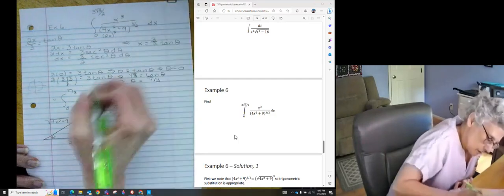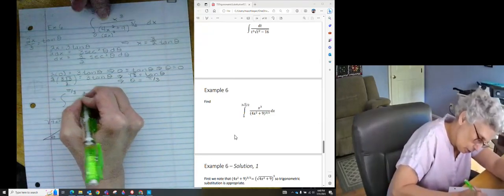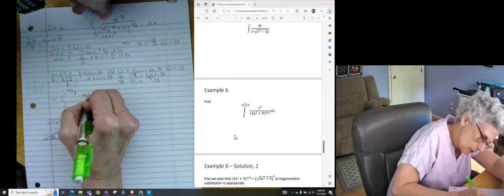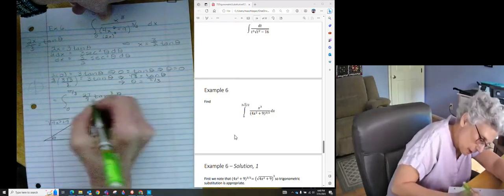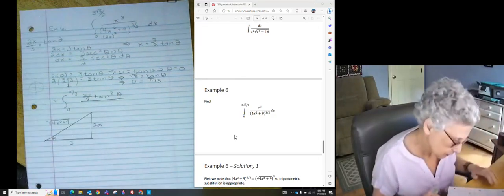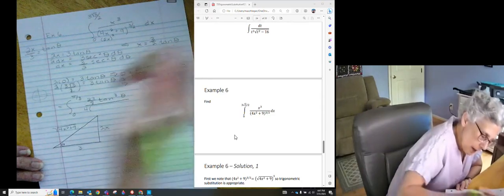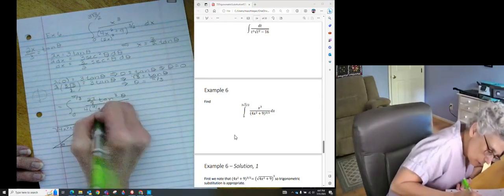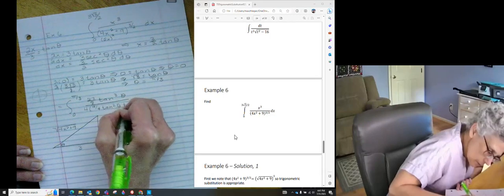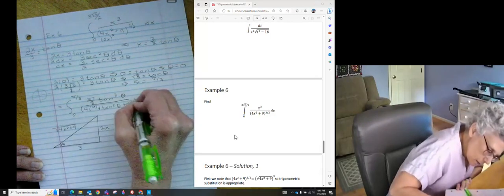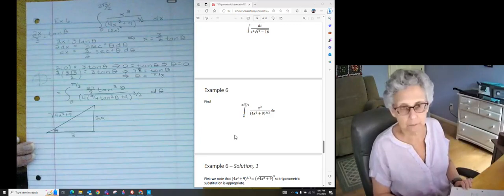So let's see what we have here. We have 3 halves cubed, so 27 over 8 tangent cubed of theta over 4 times 3 halves squared, which would be 9 over 4 tangent squared of theta plus 9. And all of that is to the 3 halves power. And don't lose your d theta.